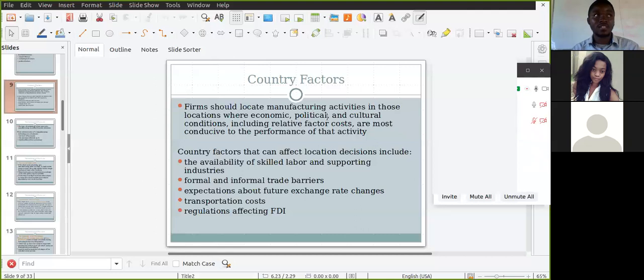We looked at that there are different types of trade agreements which people might find themselves in. So there are some formal trade barriers, which can be tariffs, quotas, import quotas, several of them. And there are informal trade barriers.